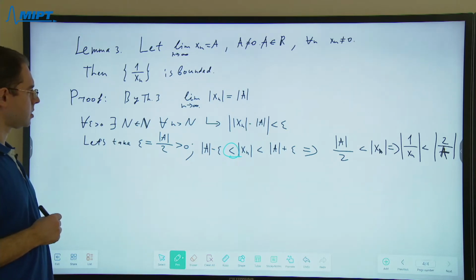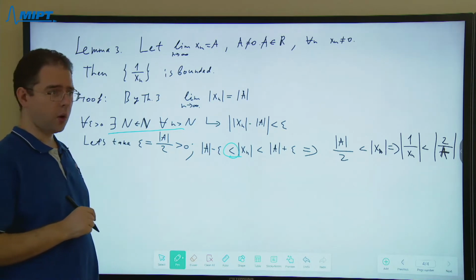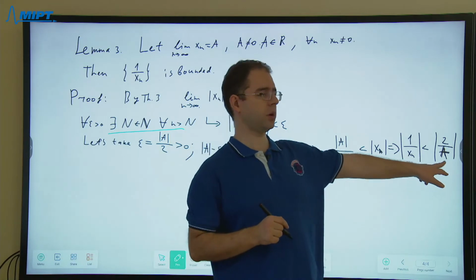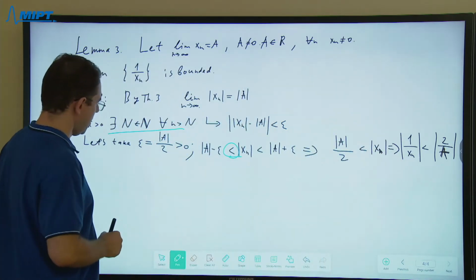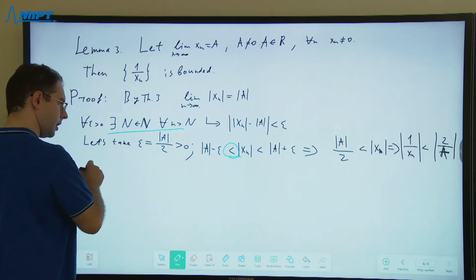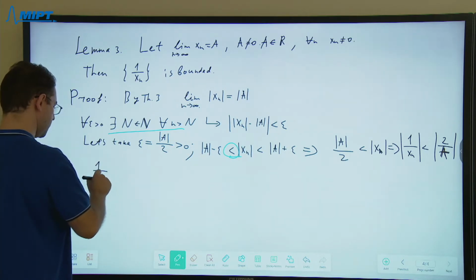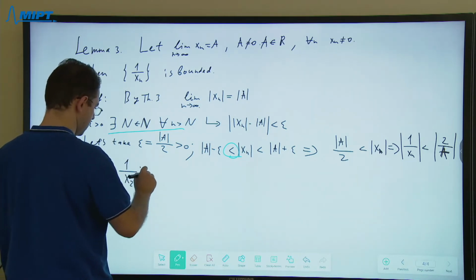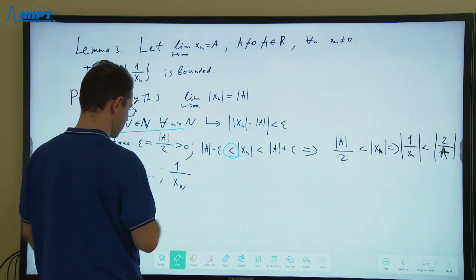Okay, so starting at some point, starting here, all of the terms of my sequence 1 over xn are smaller in absolute value than this value. Let's take all of the previous terms of my sequence: 1 over x1, 1 over x2, and so on, 1 over x capital N.